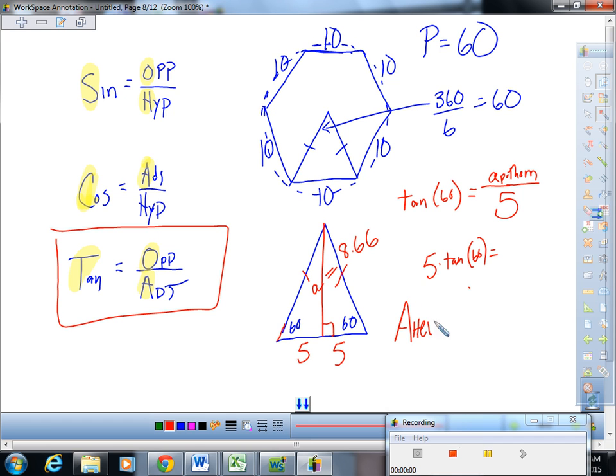So now the area of the hexagon is 1/2 times the base of the triangle times the opposite. Keep in mind, this is the area of the triangle. So then I got to do times 6, because there are 6 triangles in that hexagon that are equal to each other.